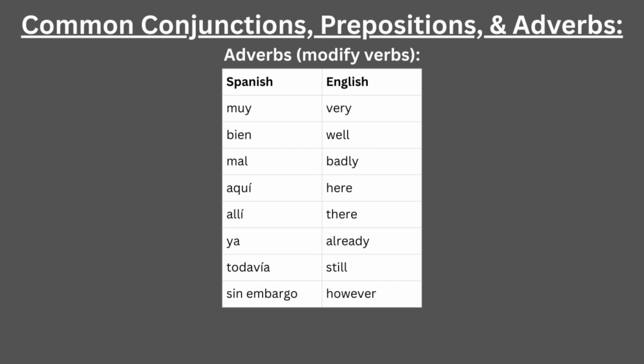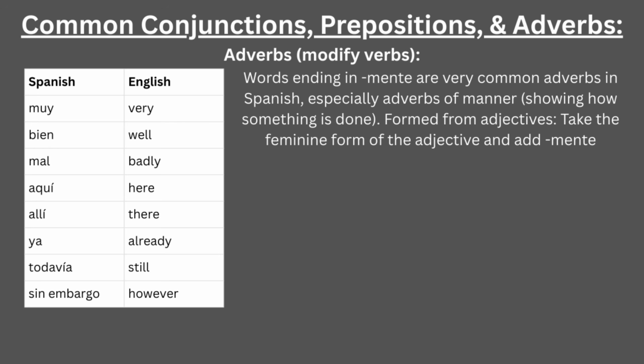Adverbs modify verbs, and common ones are muy, bien, mal, aquí, ahí, ya, todavía, sin embargo. At the same time, you can find Spanish adverbs ending in mente, and those are adverbs of manner, showing how something is done.